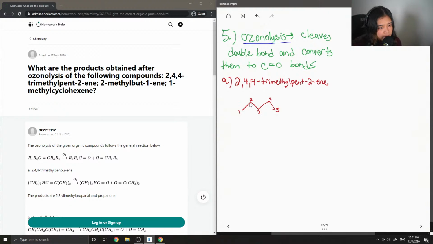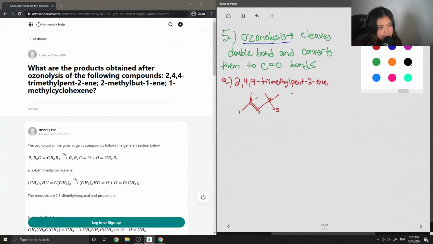On carbon 2, there's a double bond, and also on carbon 2, there is a methyl group. And carbon 4 contains 2 more methyl groups. So our compound looks like this.